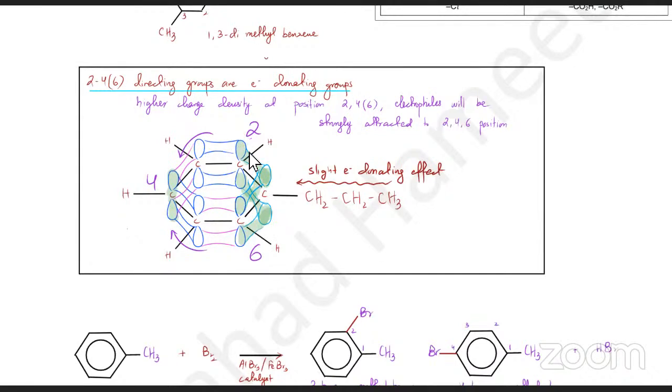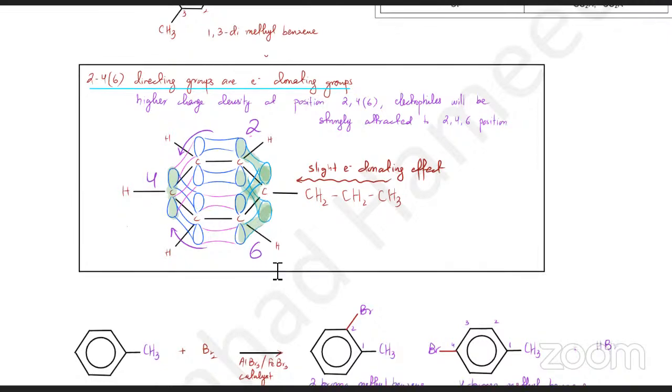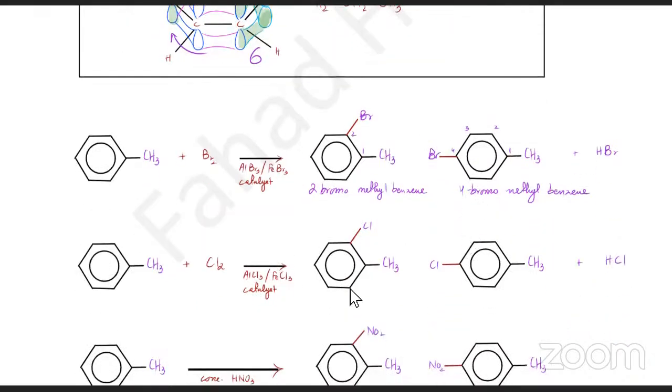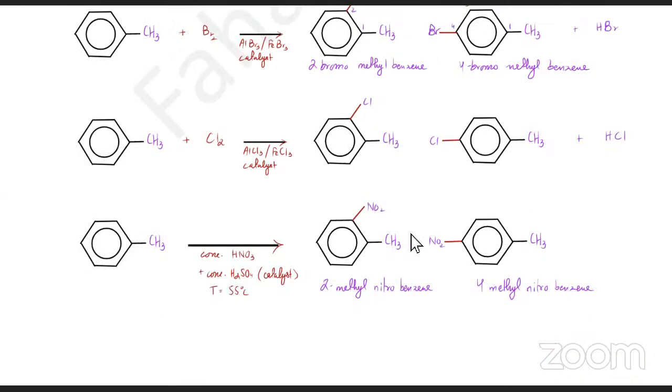If I do bromination, the same reaction for methyl benzene, the bromine is more likely to be attached to position number 2 or position number 4 instead of 3 and 5. Same thing with chlorination, same thing with nitration, that the NO2 will prefer positions 2, 4, and 6.